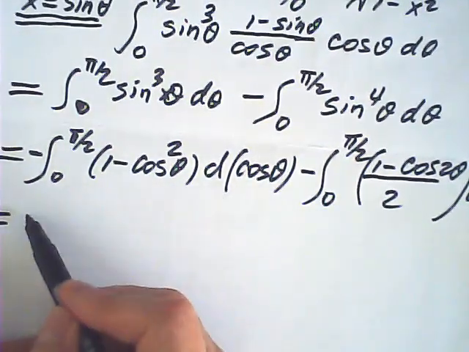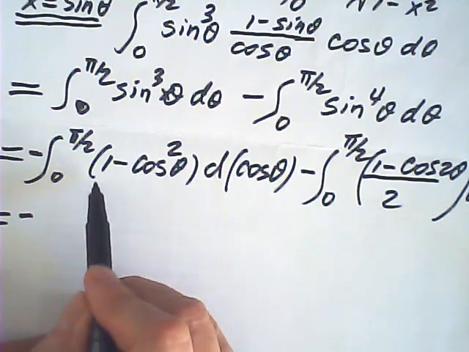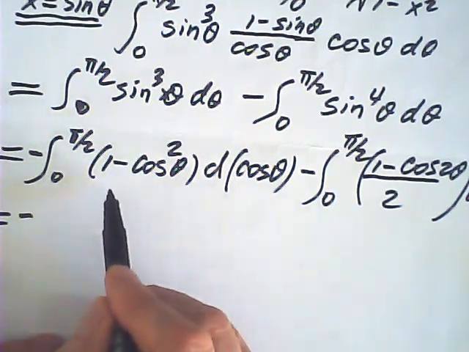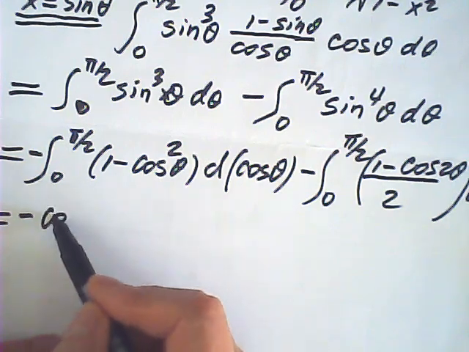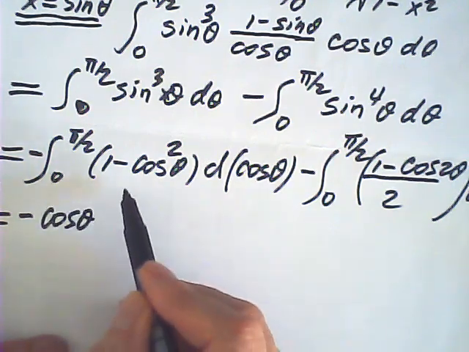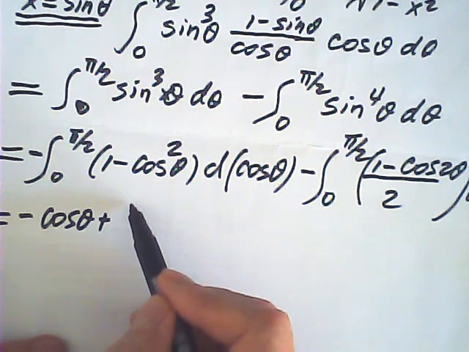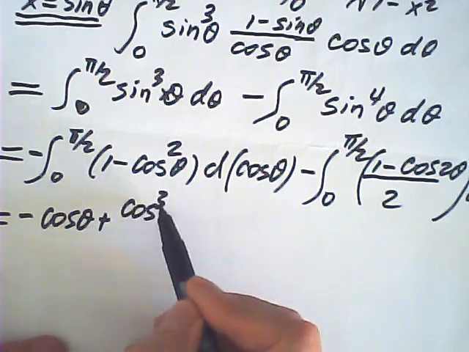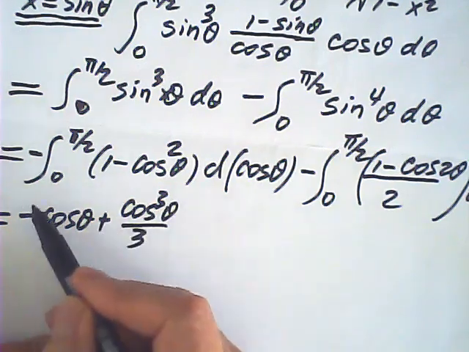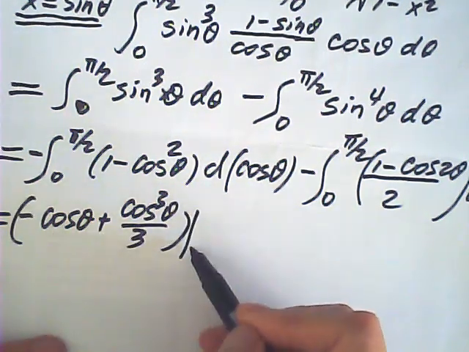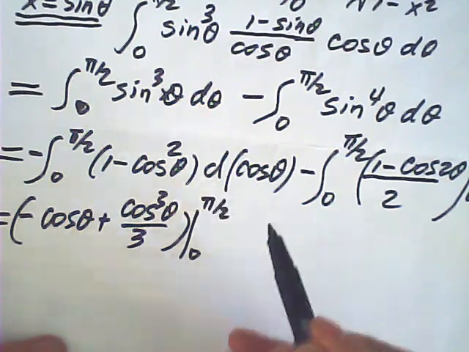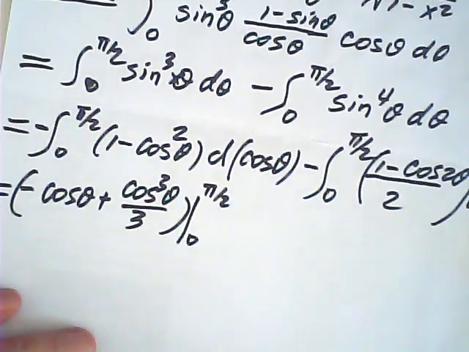So that one is easy. This one is cosine theta, this will plus cosine cube over 3, right? From 0 to half pi. That is for this integral.